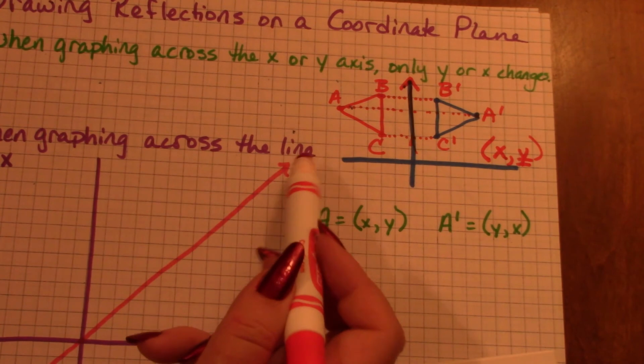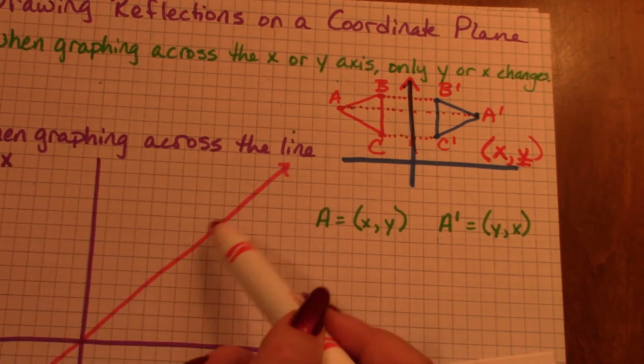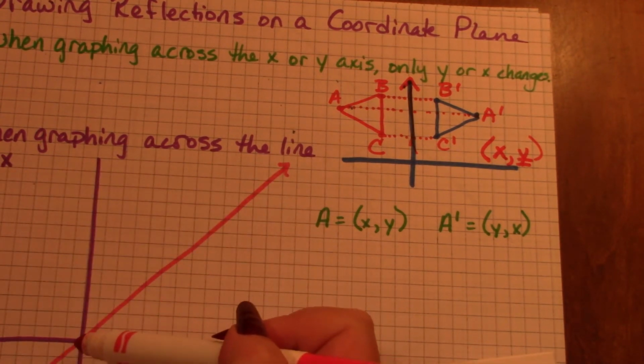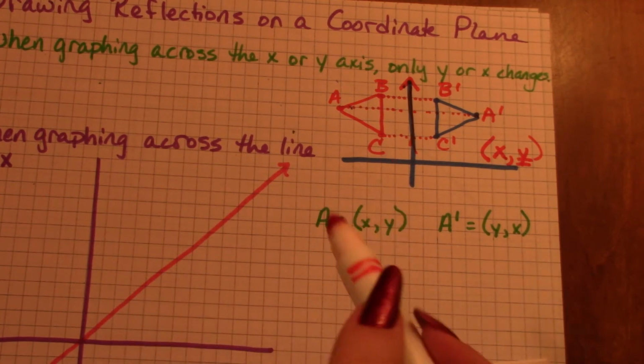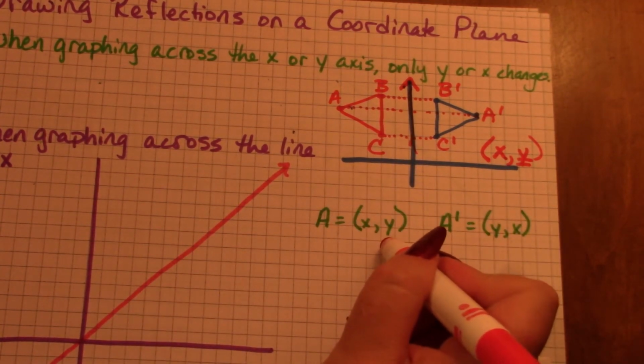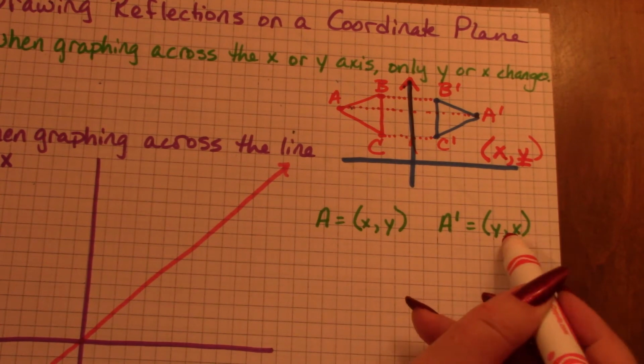When you're graphing across the line y equals x, so you have an exactly diagonal line, if A equals (x, y), then A prime equals (y, x). Shortcut.